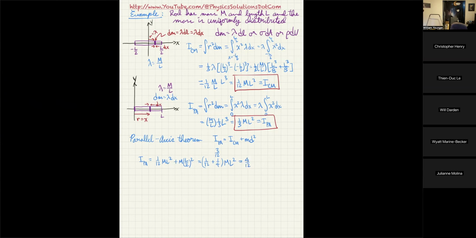So that's 4/12 ML squared, which is 1/3 ML squared. And that's exactly the answer that we got before. So I'll check that, and that is I through the parallel axis. Anybody have any questions on that one?